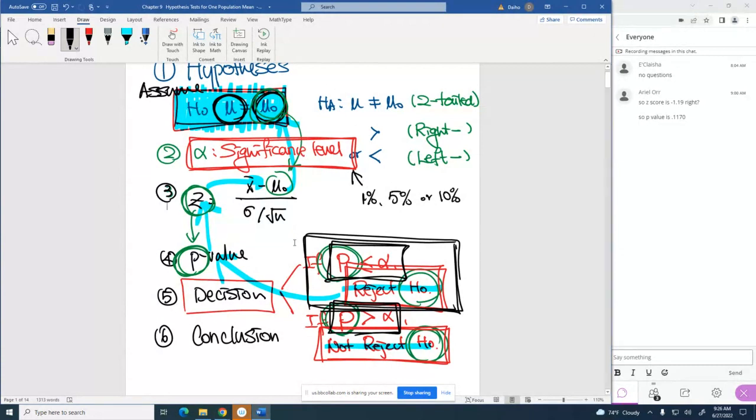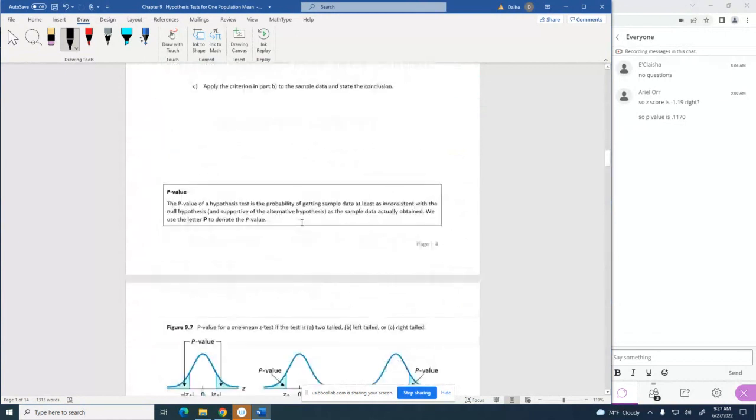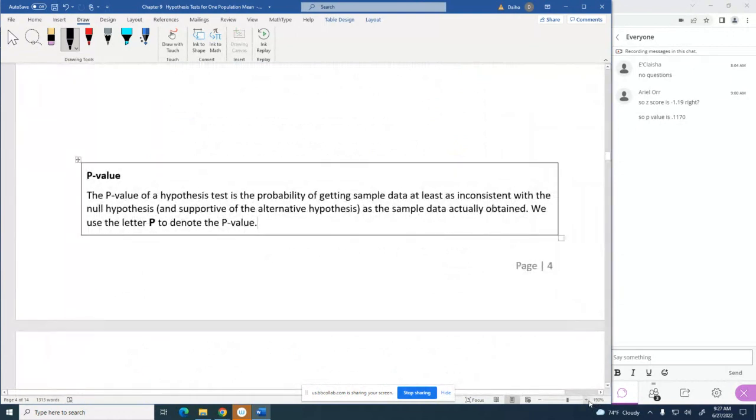The lecture notes give the definition of the p-value at the bottom of page number 4. Do you understand what the p-value is exactly?